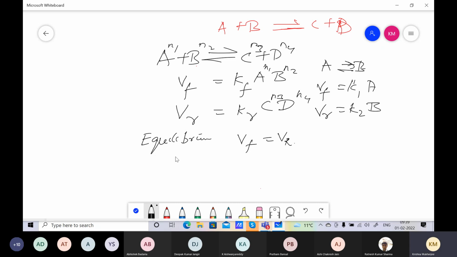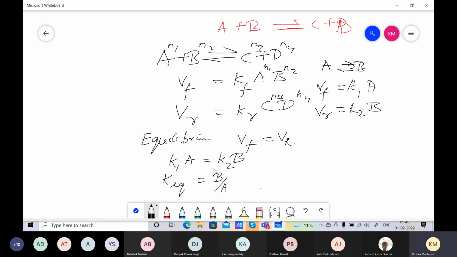So therefore, by definition, K1 A, let us do it for the simplest case, you can do it for more complicated cases, or maybe I can ask it in the exam, is equal to K2 B. Okay? And so if Vf is equal to Vr, and Vf minus Vr is equal to 0, then obviously K equilibrium is given by B by A.